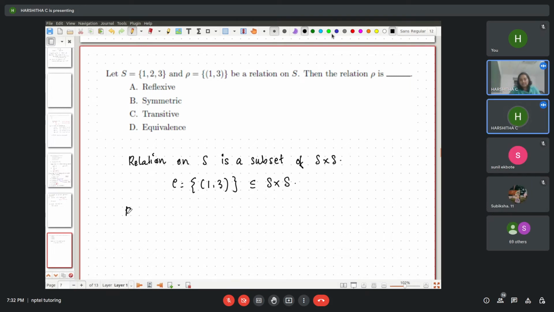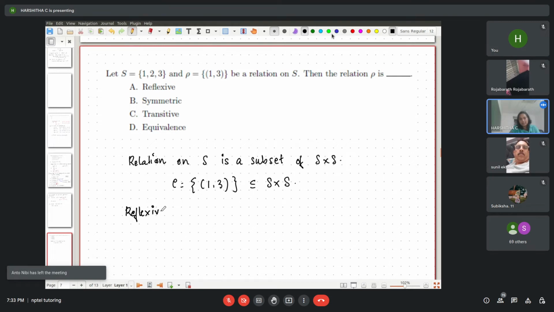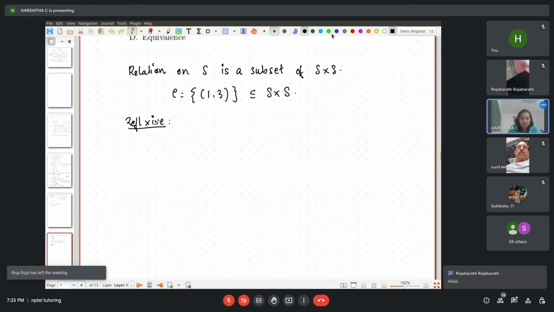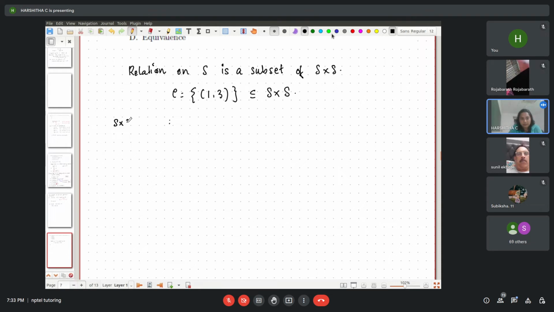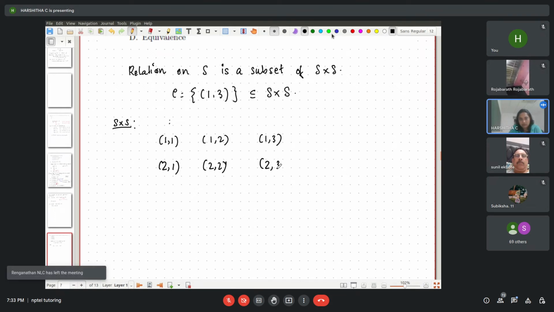Reflexive means, see, it is a subset of S cross S. So let us just draw S cross S. We have 1 1, 1 2, 1 3, 2 1, 2 2, 2 3, 3 1, and so on.